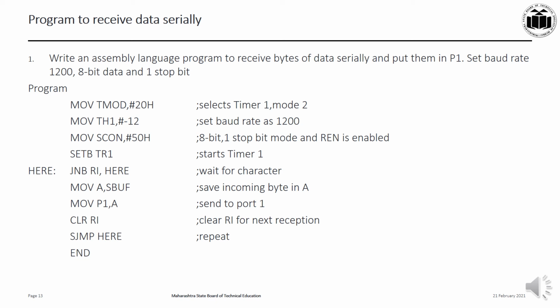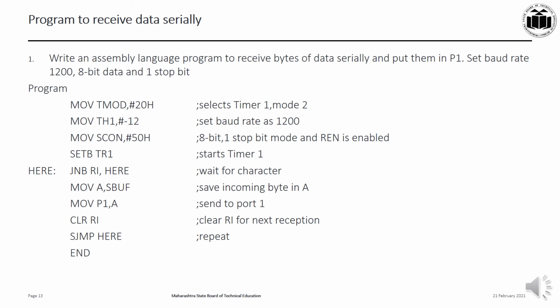After that we load TH1 with value -12, which sets the baud rate as 1200, and again load the SCON register with 50H indicating serial communication mode 1, and SETB TR1 will start timer 1.